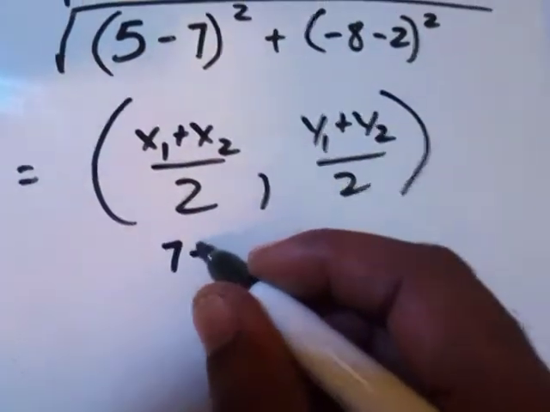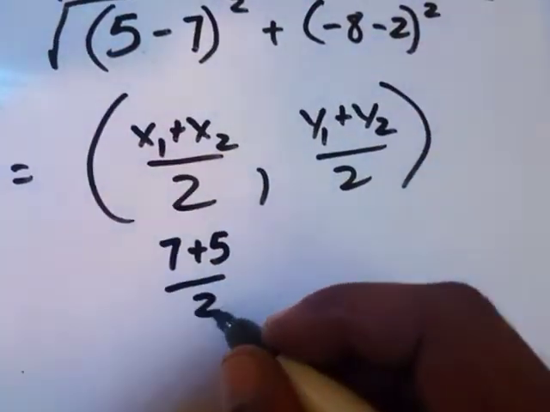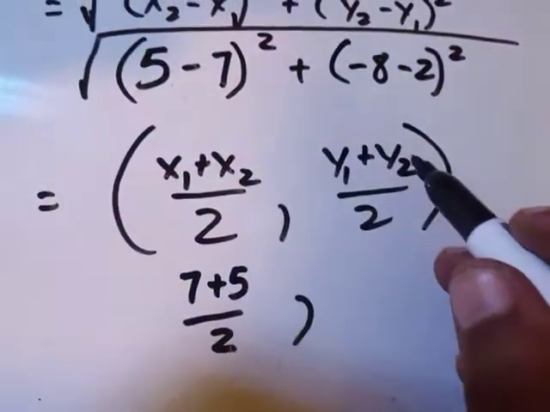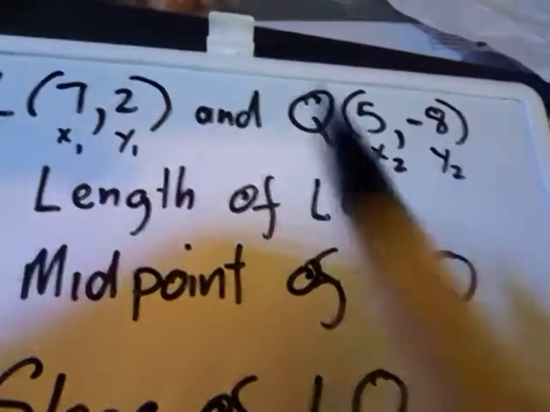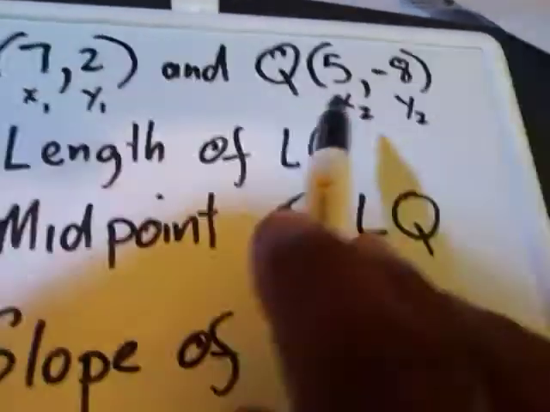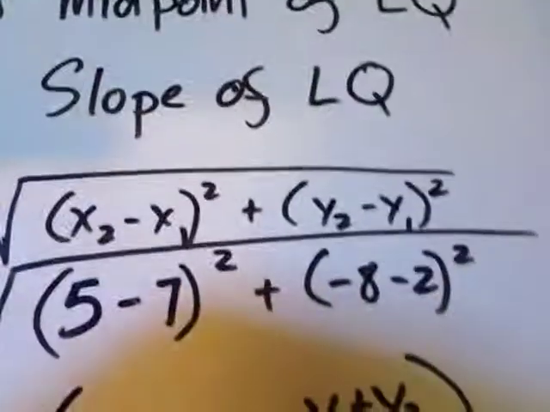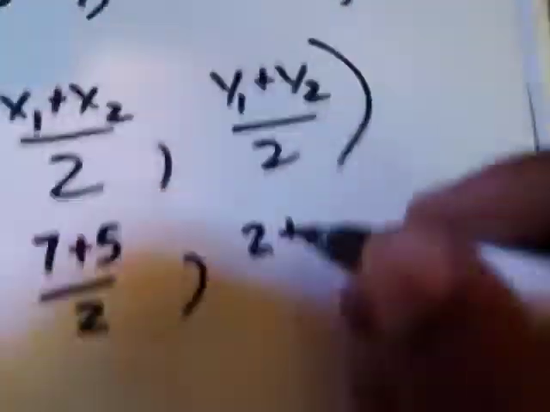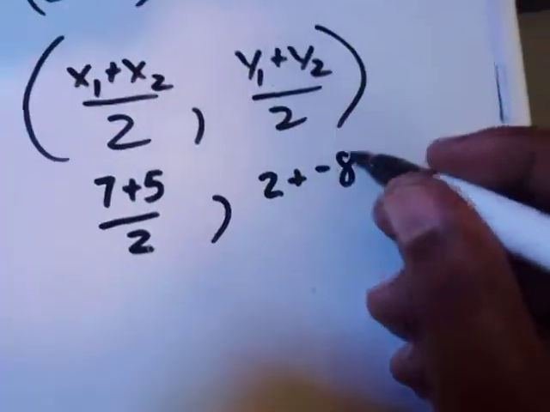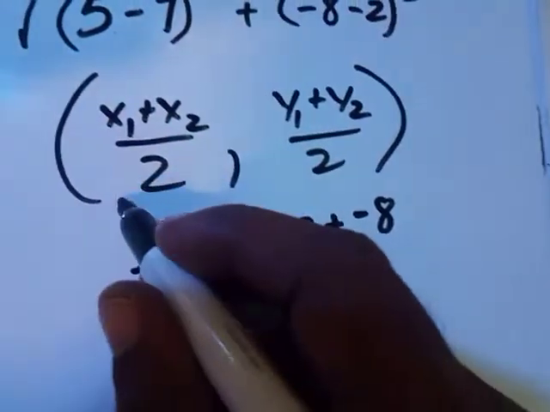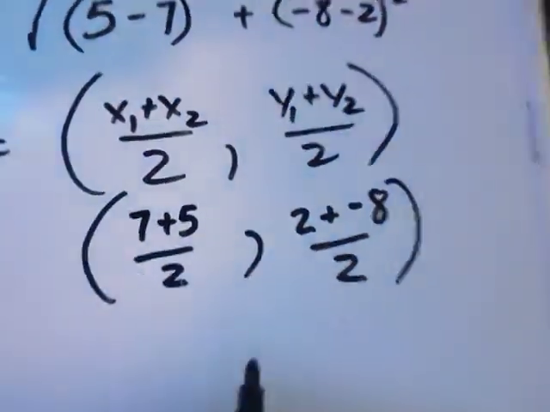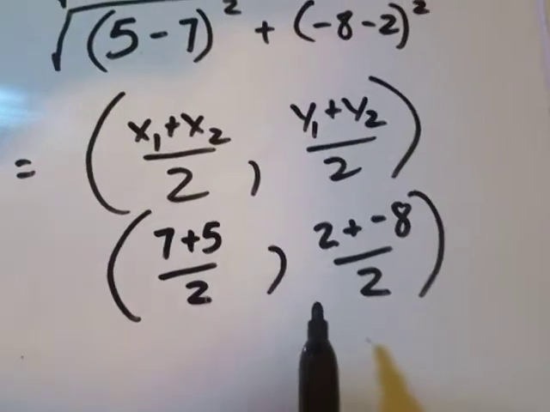So we say this has to be 7 plus 5 divided by 2. For the y1 and y2, again, we look up here. y1 is 2, y2 is -8. So it's 2 plus -8 divided by 2.